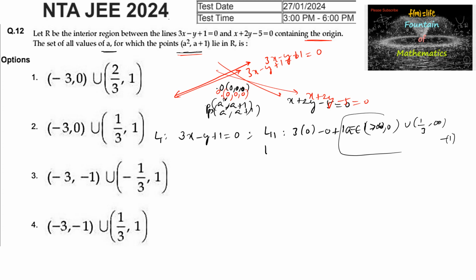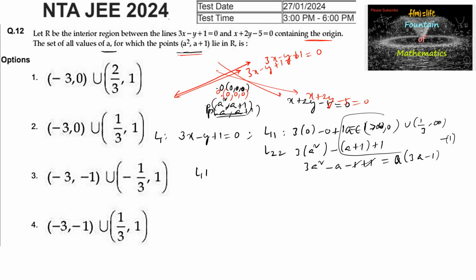For the point L22, 3 times a square minus (a plus 1), which is 3a square minus a minus 1 plus 1, that is a times (3a minus 1).